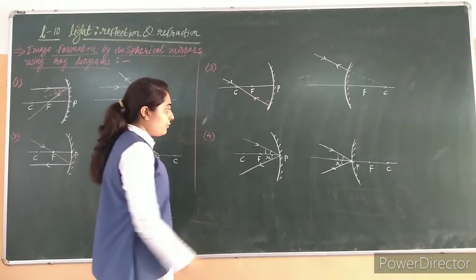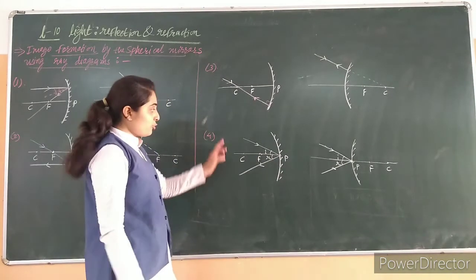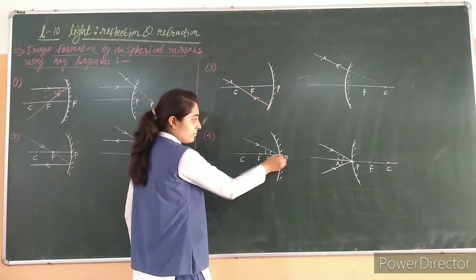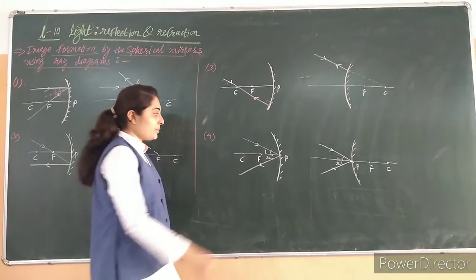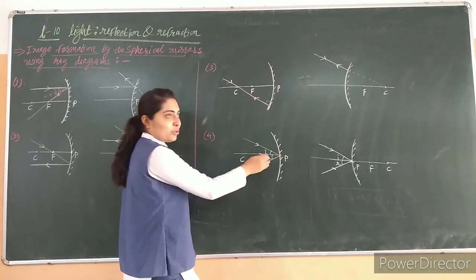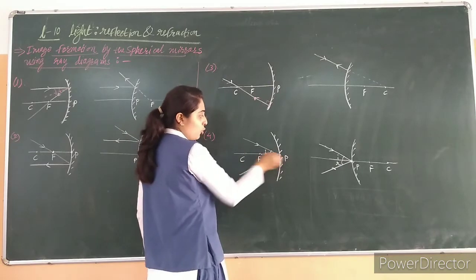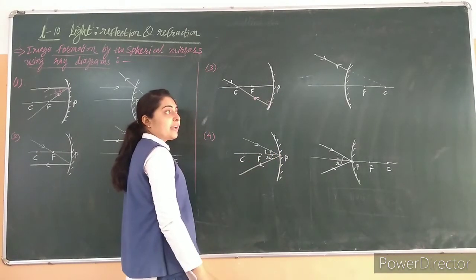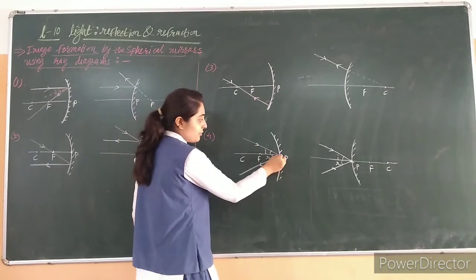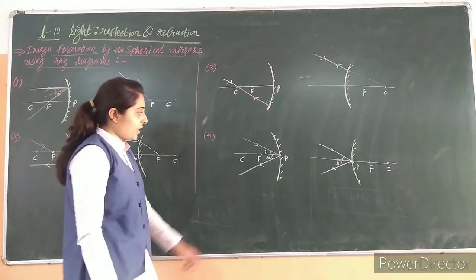Now the fourth one: if any ray is incident at some angle, which is also called incident obliquely, making some angle with the normal, the principal axis passing through C will always be normal. So if it makes an incident angle i with the normal, it will reflect in such a way that it makes the same angle, the reflection angle.